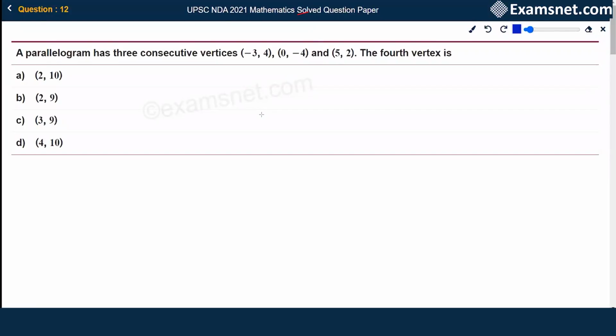Question number 12 states that a parallelogram has three consecutive vertices: (−3, 4), (0, −4), and (5, 2). We are going to find the fourth vertex. First, let me draw a parallelogram.